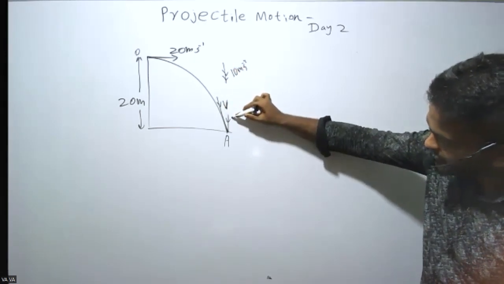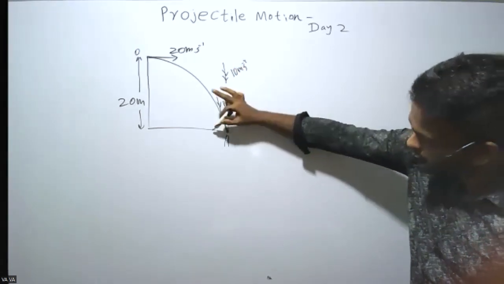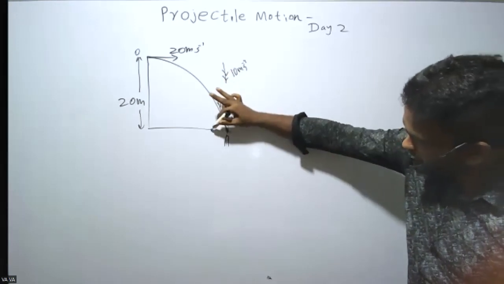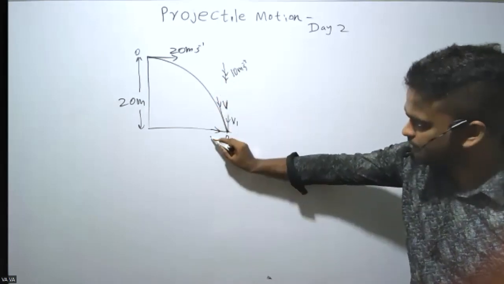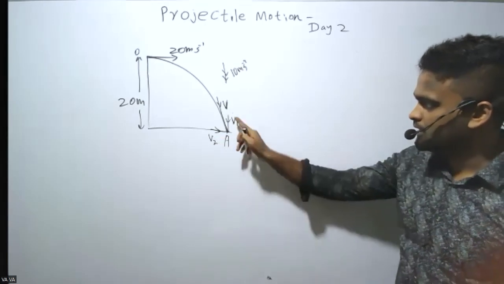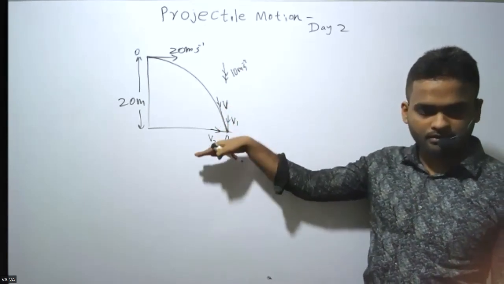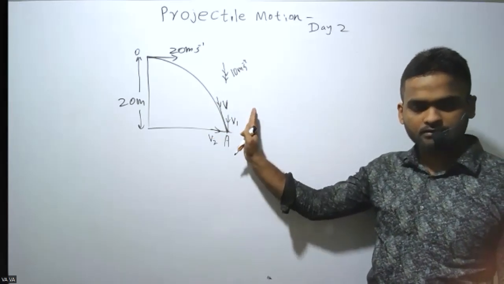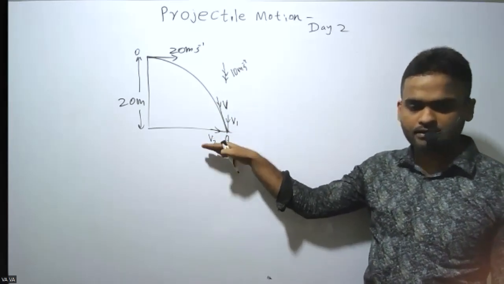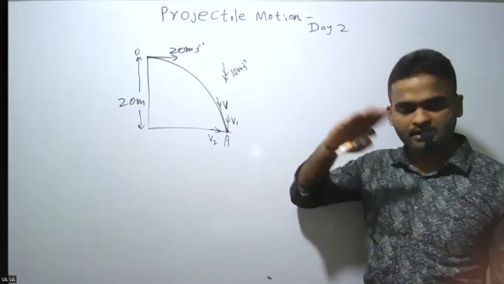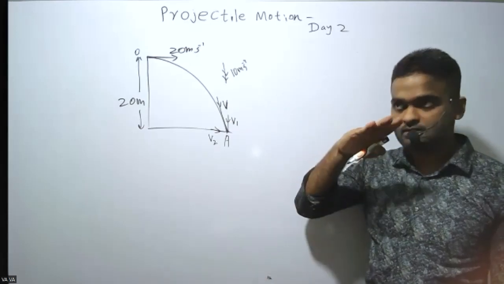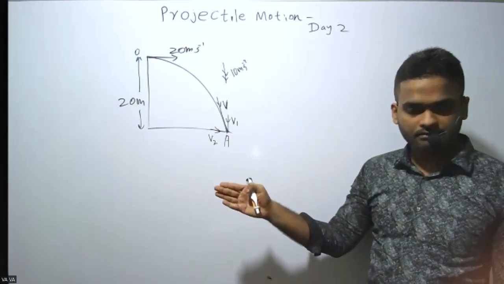I'll say this component V1 is the vertical component. The horizontal component is V2. You can resolve this V into two components, V2 and V1. That is what we do, right? Always separate everything into verticals and horizontals.